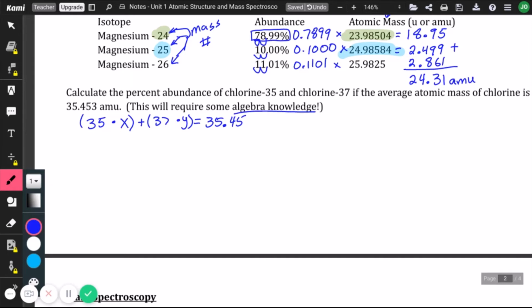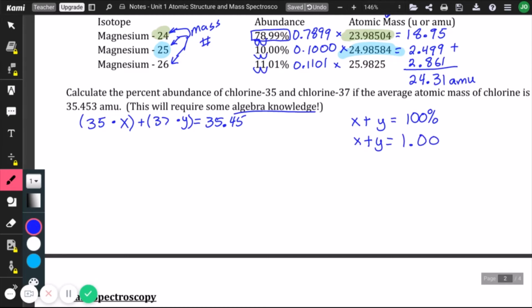Well, one thing I know is that in the end, my percentages always add up to 100, right? So if I have percentage for chlorine 35 plus percentage for chlorine 37, that's going to equal 100%. Okay, so x plus y is going to equal 1.00 if we convert that out of percentages.